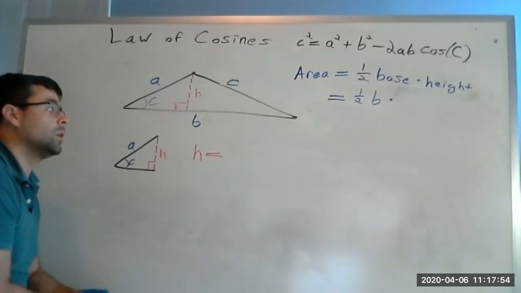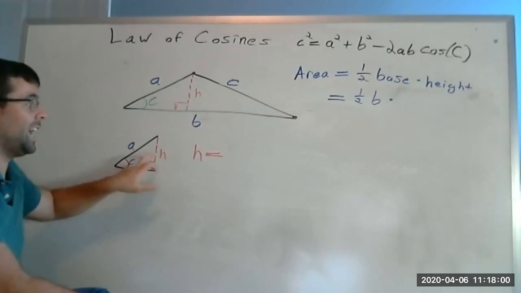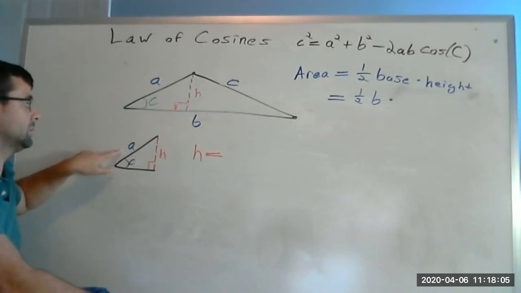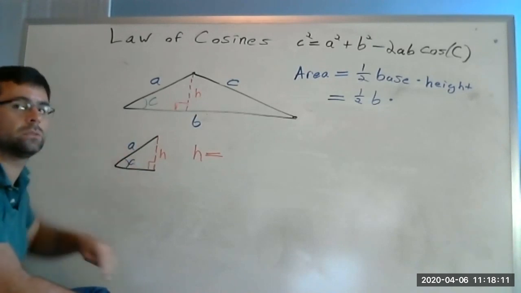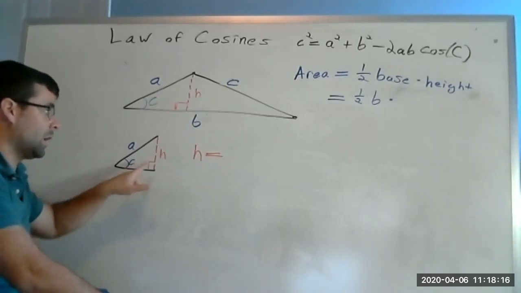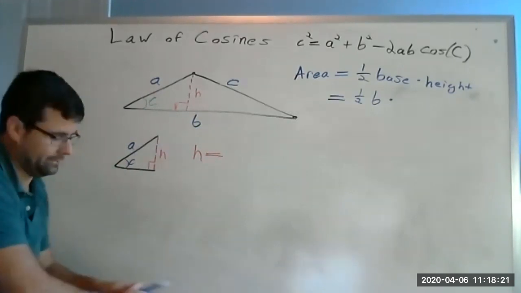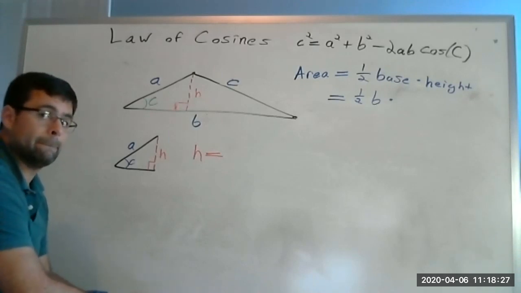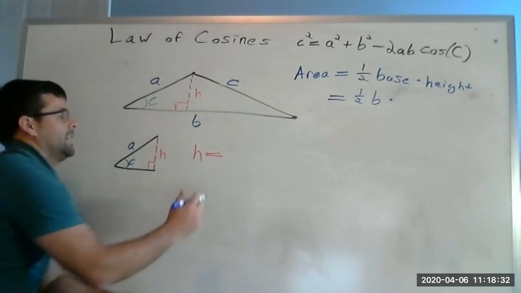Opposite. Okay. So we have an angle, we have a side opposite that angle, and we have the long side, also known as the hypotenuse if it's a right triangle. What relationship do we know that relates an angle, an opposite, and a hypotenuse? Is it sine? It's sine.